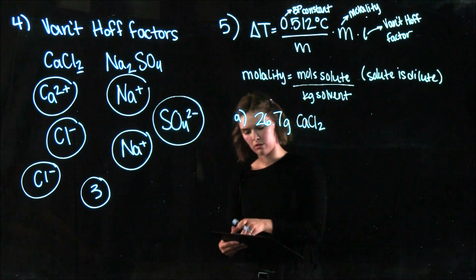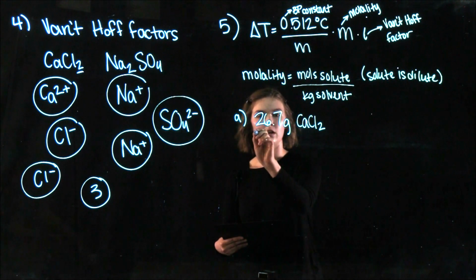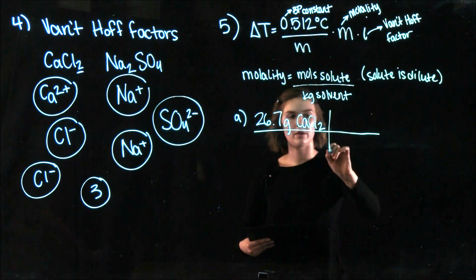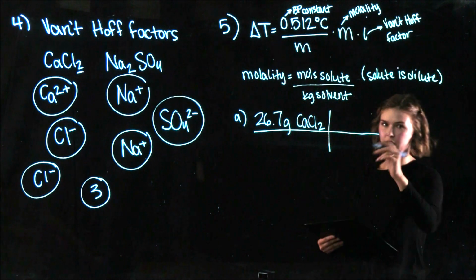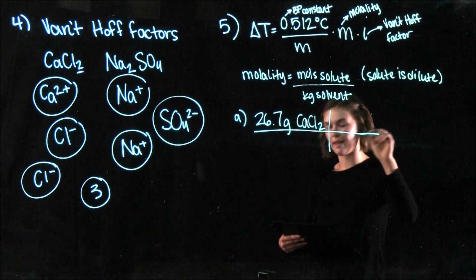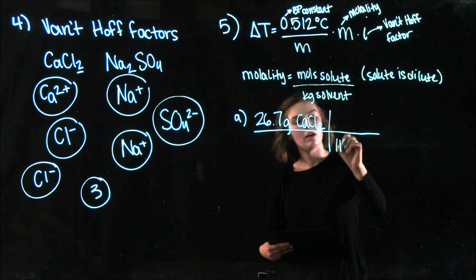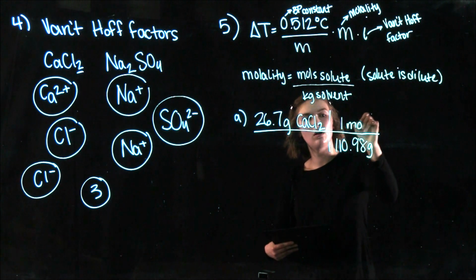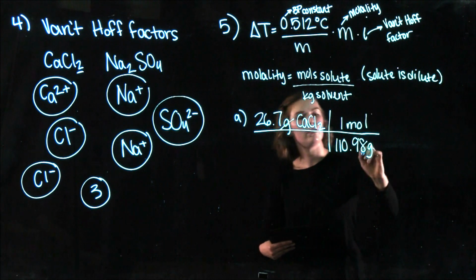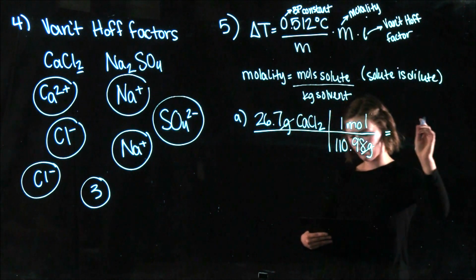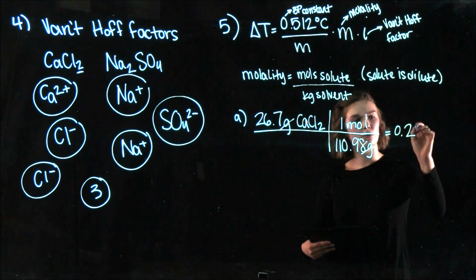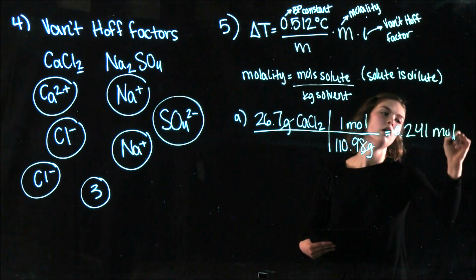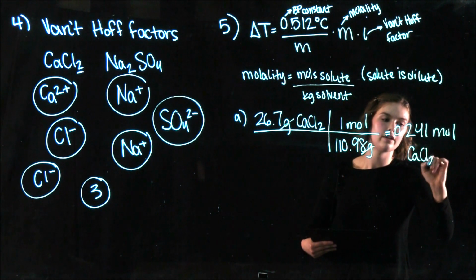So I'm going to say, using my molar mass, which in this case I just looked up using the periodic table, it's going to be 110.98 grams per mole. So then this cancels, and we're going to get 0.241 moles of calcium chloride.